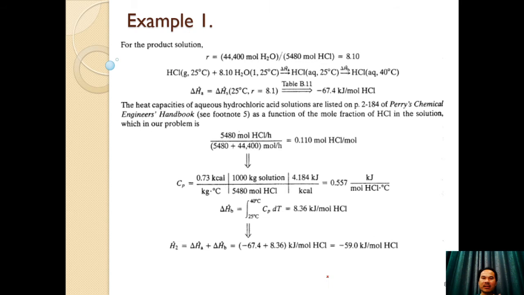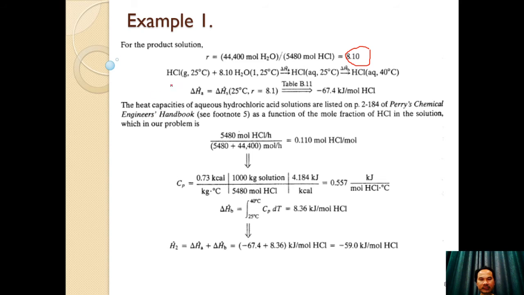And the next step, you calculate the HCl in aqueous solution. For this case, you can calculate r. r is the amount of water divided by the amount of HCl. It is 44,400 moles of water over 5,480 moles of HCl. You get r equals 8.1. What does it mean? It means 8.1 moles of water per 1 mole of HCl.